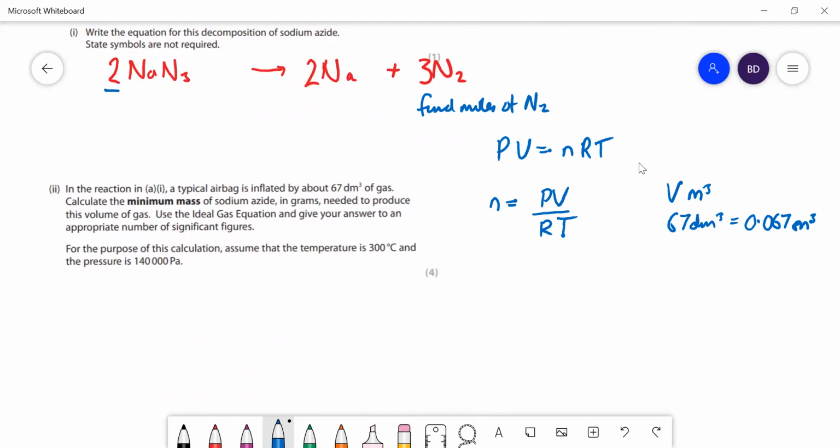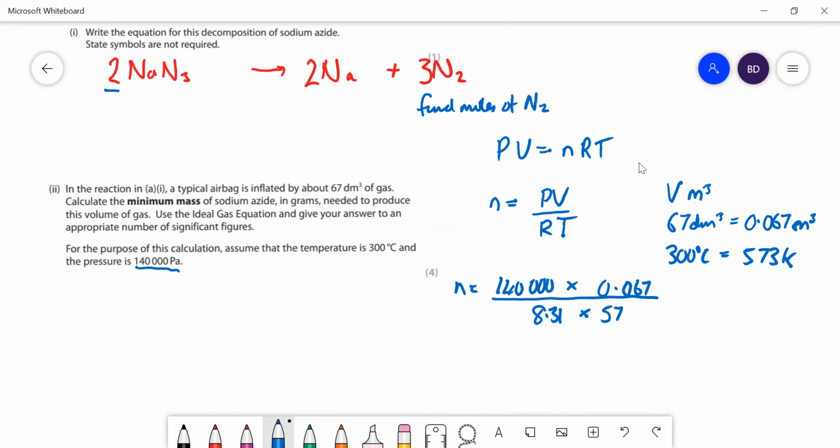Okay, so then we've got that, and what else? 300 degrees C, we have to be careful, that has to go to Kelvin. So that's equal to, add 273, that's 573 Kelvin. Finally, we've got the pressure, that's already in pascals, which is the right unit. Okay, so let's do that. So n is equal to 140,000 multiplied by the volume in meters cubed, 0.067, divided by the gas constant, which is 8.31 joules per mole per Kelvin, and the temperature was 573.